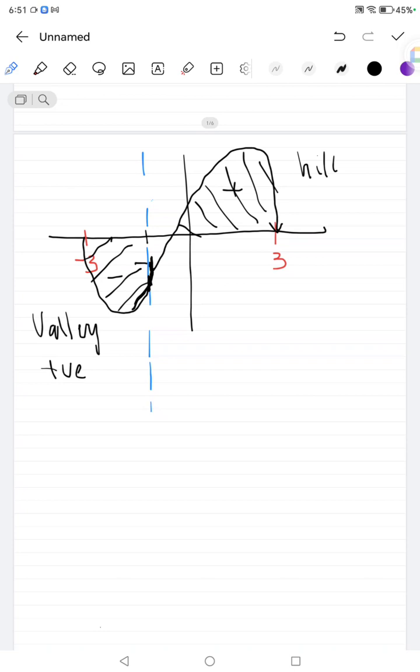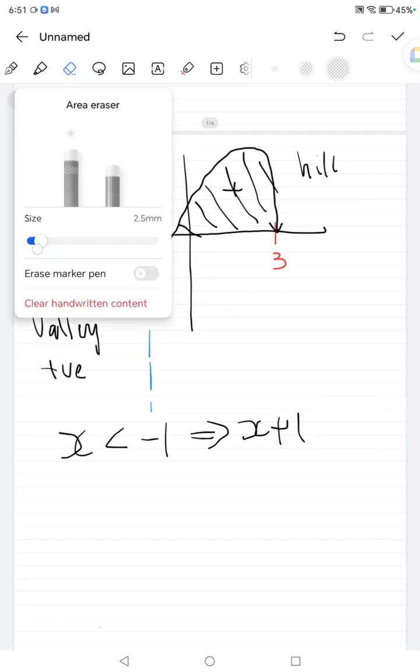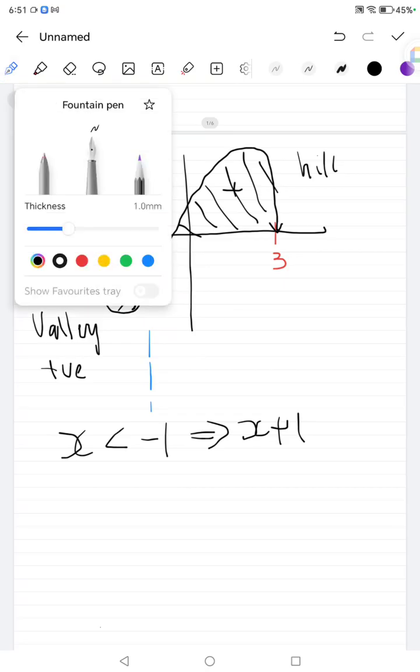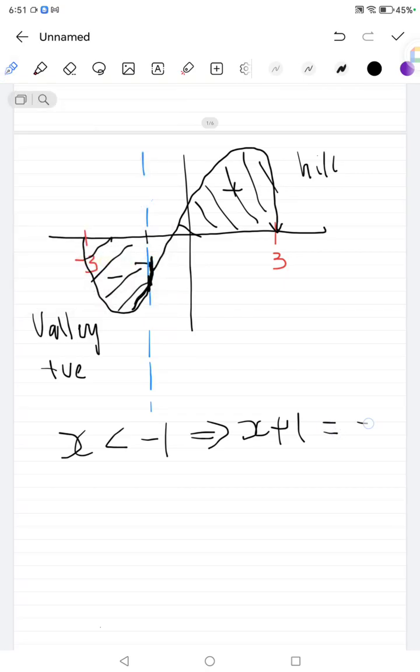So hence you can say in the region where you have your x that's less than minus 1, you can conclude that your x plus 1 is negative. Yeah, it's negative, hence you can see with the values that it's negative. Then where we have our x greater than or equal to minus 1, which is basically this region, you can tell that it's positive.